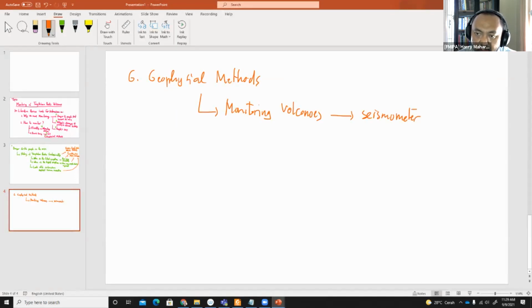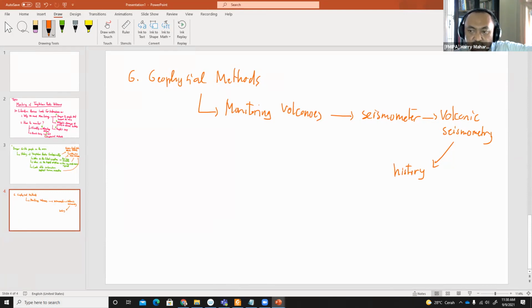And then from here, we need to look for information about the volcanic seismometry. Okay, so from here we look for the history. When was volcanic seismometry first conducted?